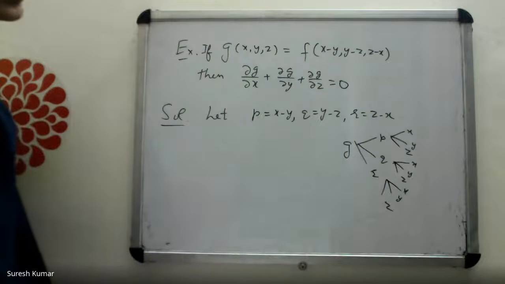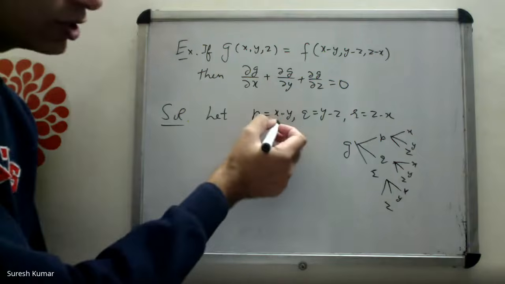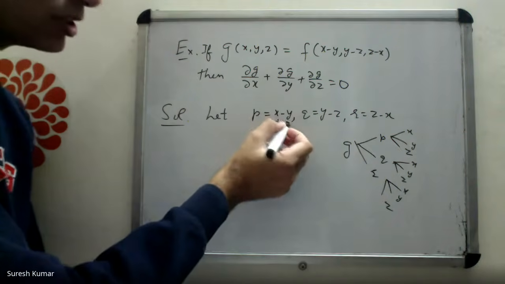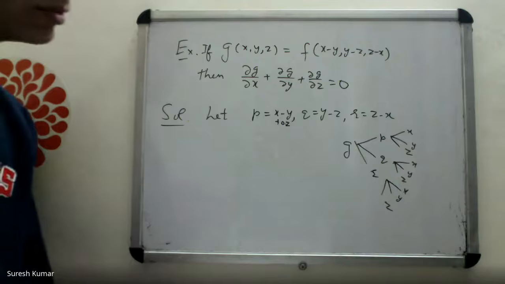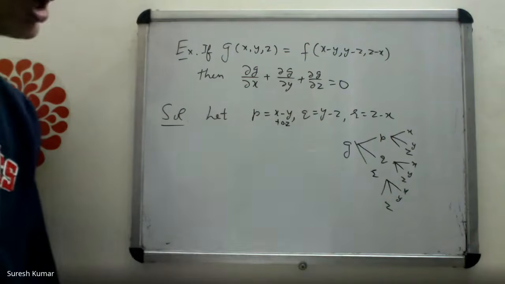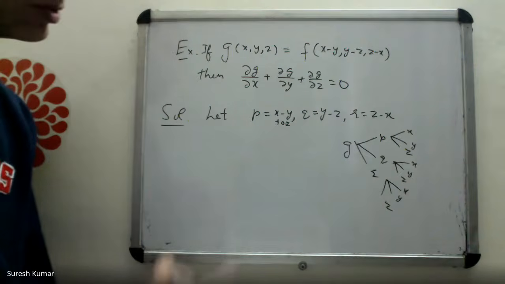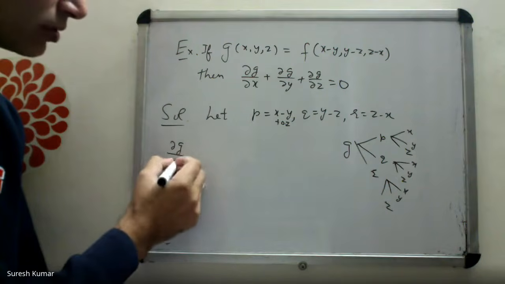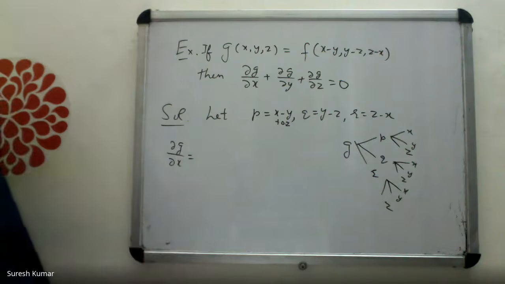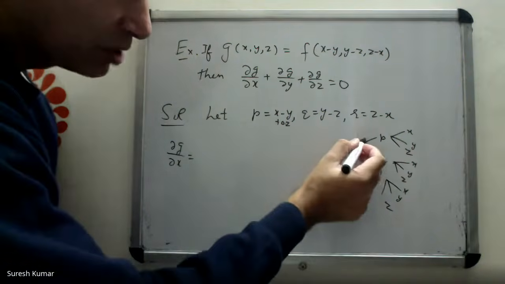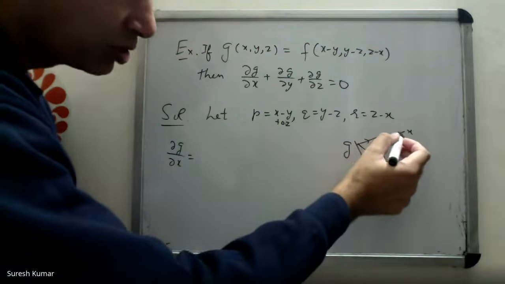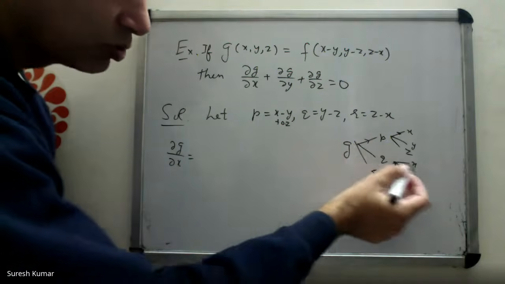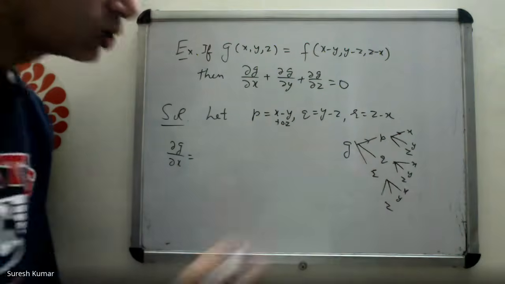Somebody may think z is not here, okay? Feel happy, right here 0 into z. So p, q, r are functions of x, y, z. What do you need first up? Partial g over partial x, the partial derivative of g with respect to x. So how many paths? 3 paths: g to p, p to x, likewise g to q, q to x, and g to r, r to x.